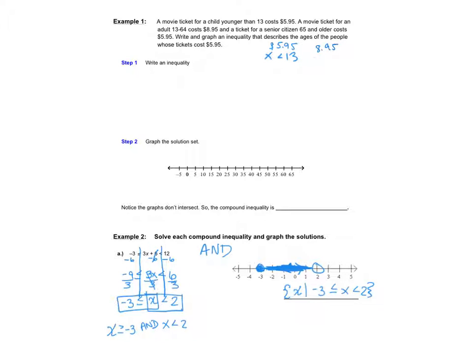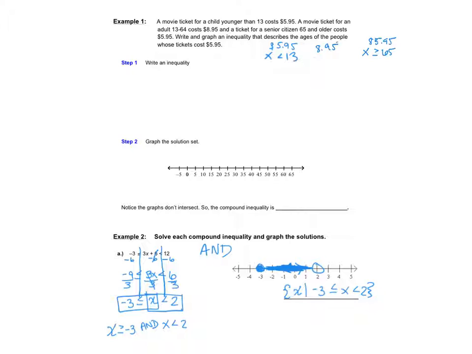And for senior citizens, 65 and older, so if x is greater than or equal to 65, it costs $5.95.